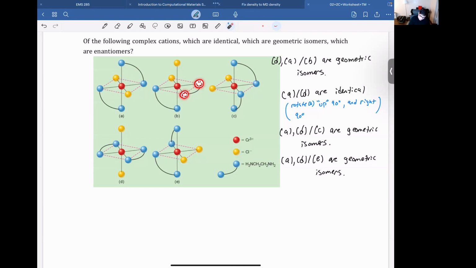And then I would have one of my bidentates like this. That one goes up and there. And then the other two have to be like that.